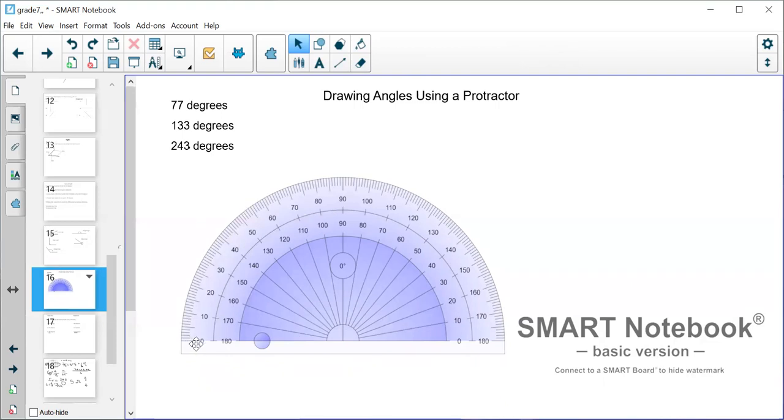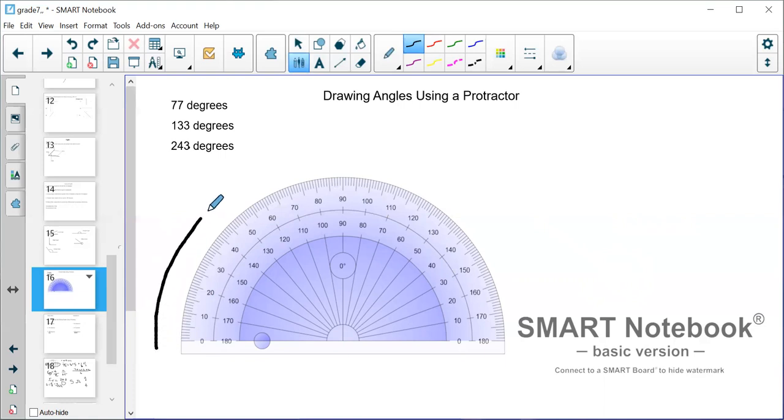The one on the left-hand side now, you would see 0 on the left-hand side, and it increases as you go to the right. So this is in the opposite direction: 0, 10, 20, 30, and so on. One increases as you go to the right, that's the one on the outside, and the one on the inside increases as you go to the left.